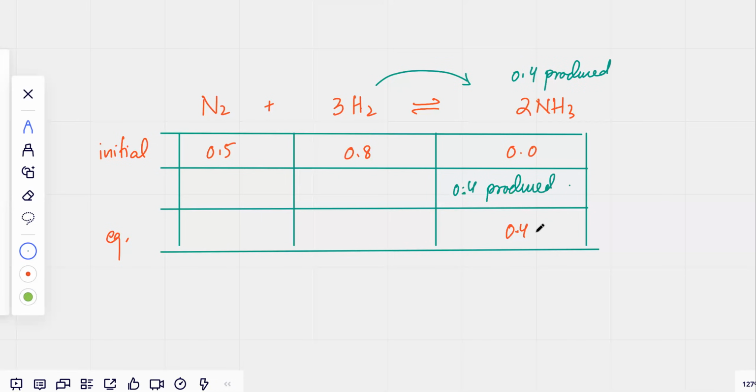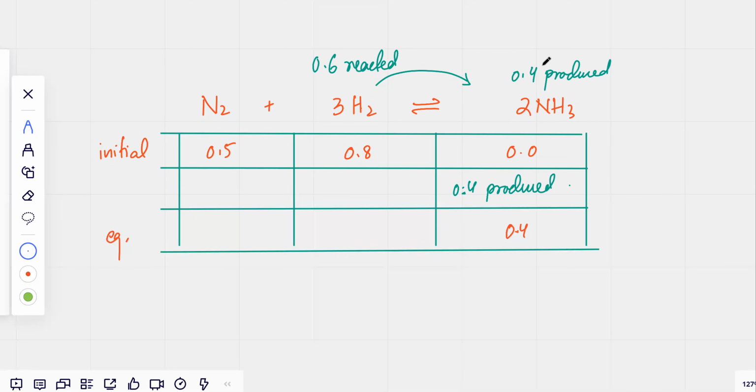Yes. Now, according to the ratio, if you want to produce 0.4, the ratio is 2:3. So how much of H2 must have reacted? 0.6, I think. According to the ratio, 3 react to produce 2.